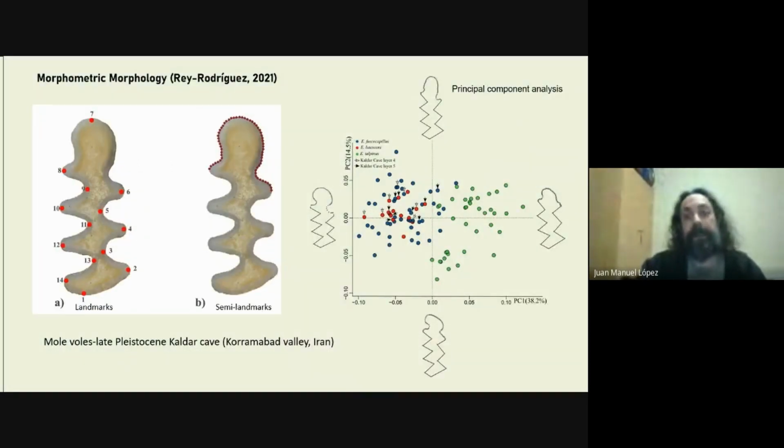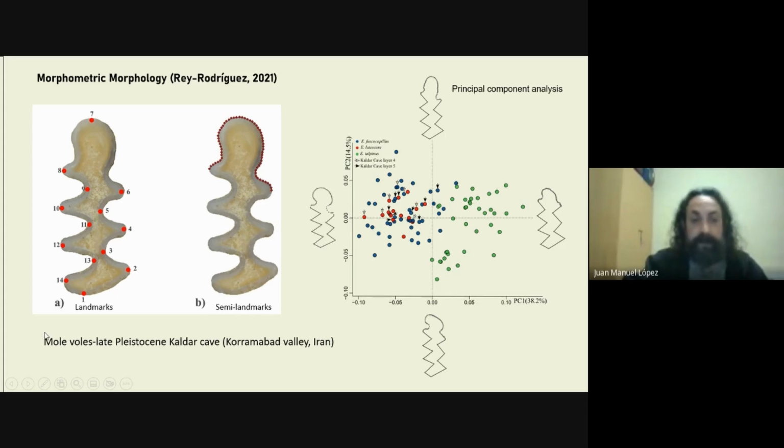Okay, another thing that we are using nowadays to help with the identification of the species is morphometric morphology, which we use to try to see the differences between species that are similar.